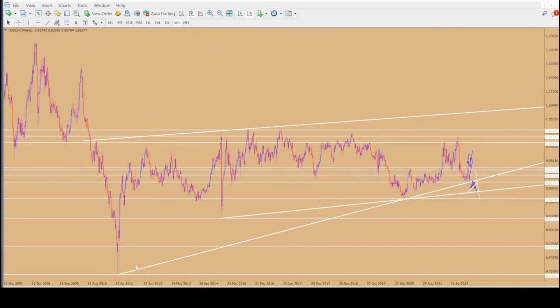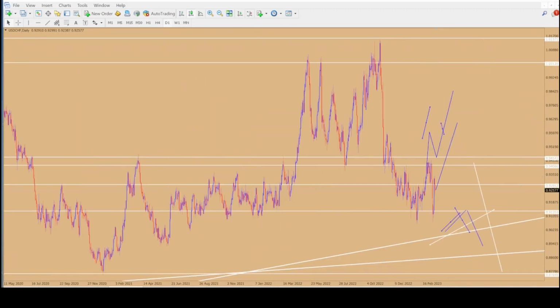This trend is a 2011 trend, right? Started in 2011, confirmed in 2020, retested in 2022. Now there's another retest just last week, right?